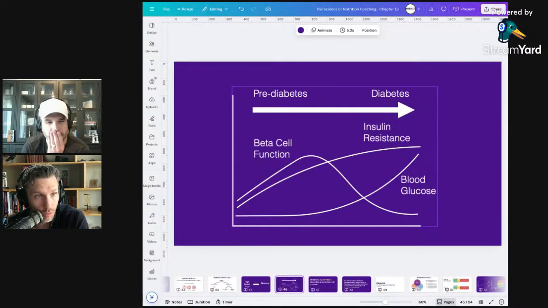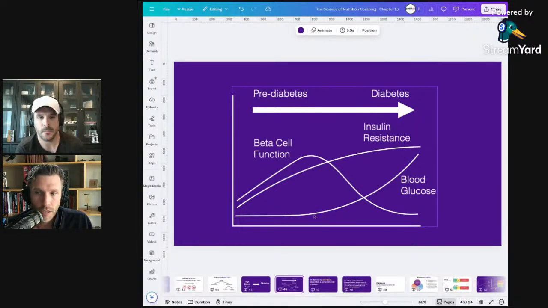Like they start working way harder. And so they can compensate for this insulin resistance for quite a long time. And so your blood sugar stays stable despite you having levels of insulin resistance, right? Because our body's like, hey, I'm just going to produce more insulin and it's going to offset this issue. Until your body can't produce any more insulin.